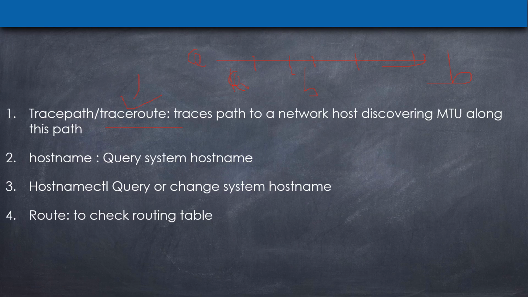Then hostname, which displays the hostname of the current system. hostnamectl is related to controlling the hostname. You can set or change the hostname using this command, or see all the information related to the current host. The route command is useful for checking the routing table and those kinds of things.